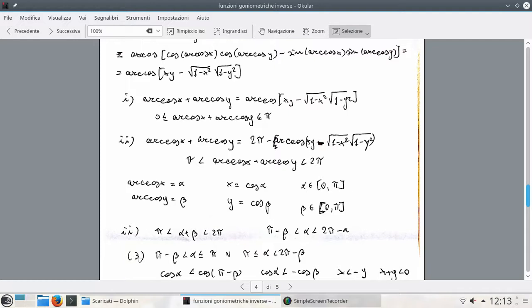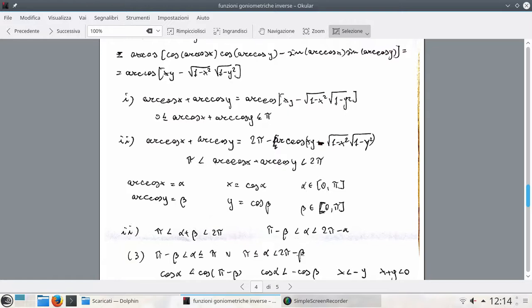I call them three relations: pi minus beta less than alpha not greater than pi, or pi not greater than alpha less than 2 pi minus beta.